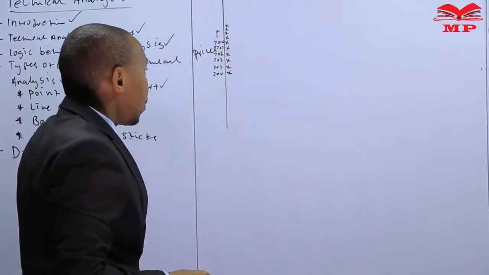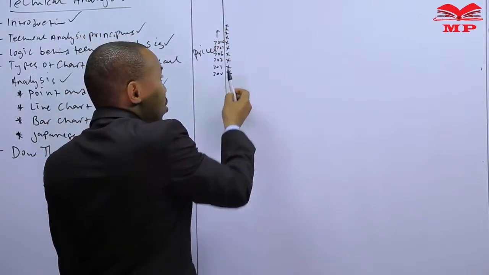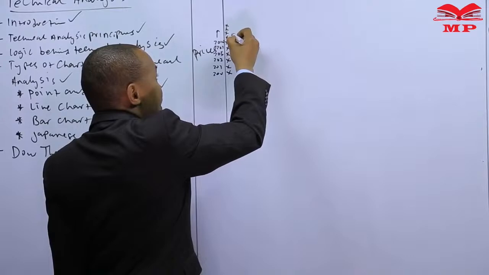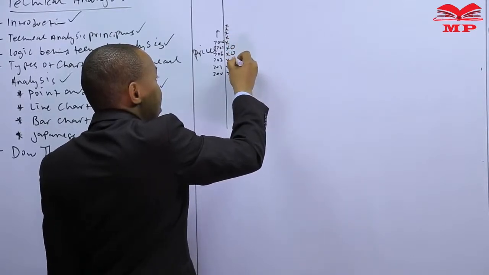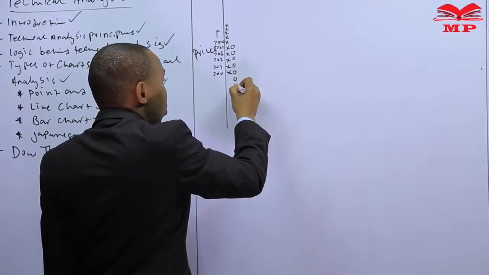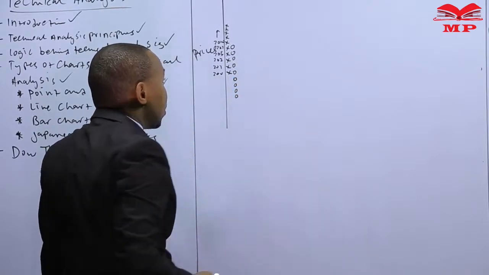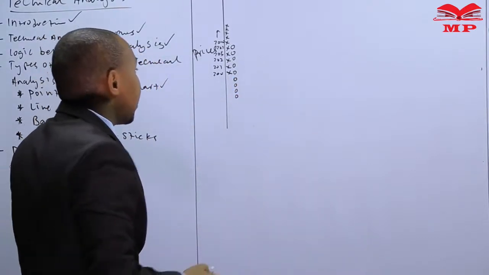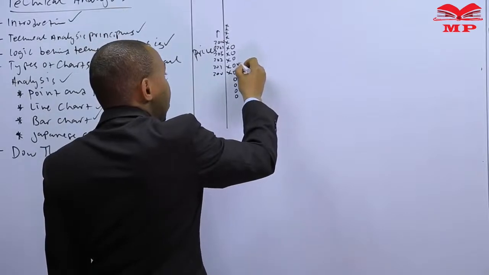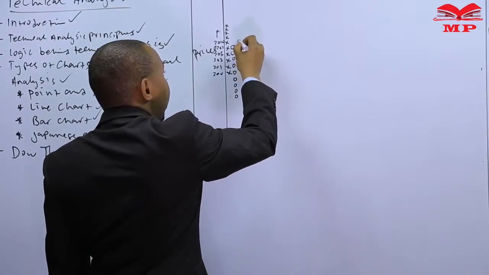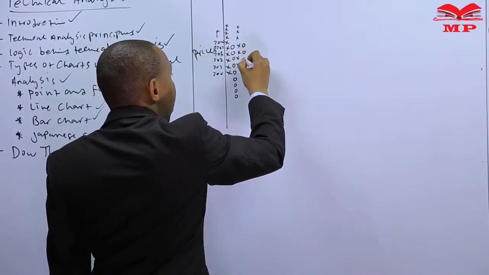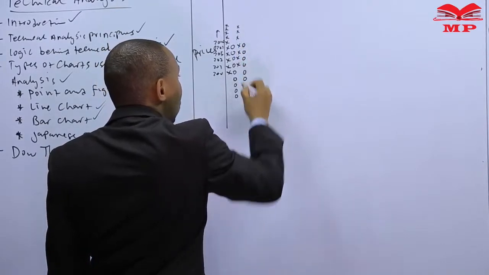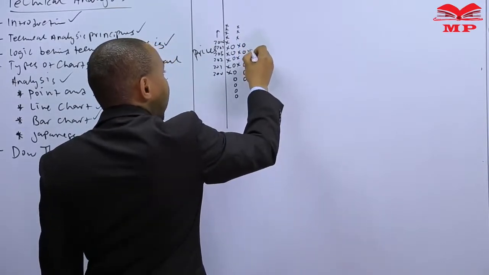However, after this 1 hour, you can find that the prices have begun to reduce. We can indicate the reduction using circles, and if there is an increase in prices as well, we can continue and put X's like that. And if it's a downtrend, then we indicate it like so, and so on and so forth.